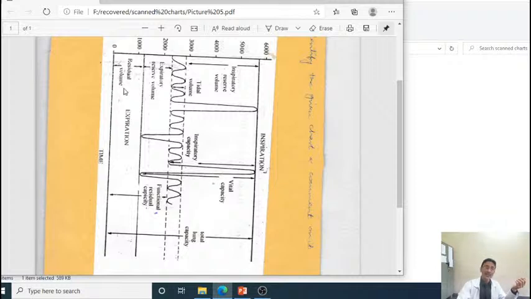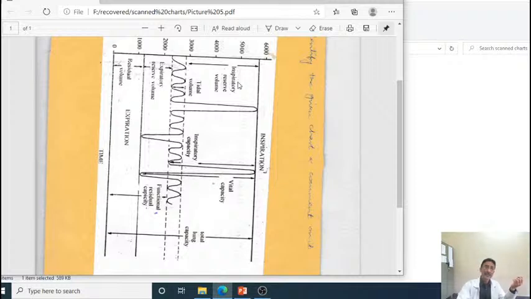For example, the total lung capacity is from 0 to 6. So 6 liters is the total lung capacity in one respiratory cycle. This is from this end to this end, and that includes your inspiratory reserve volume plus tidal volume plus expiratory reserve volume and the residual volume, and it is around 6 liters.